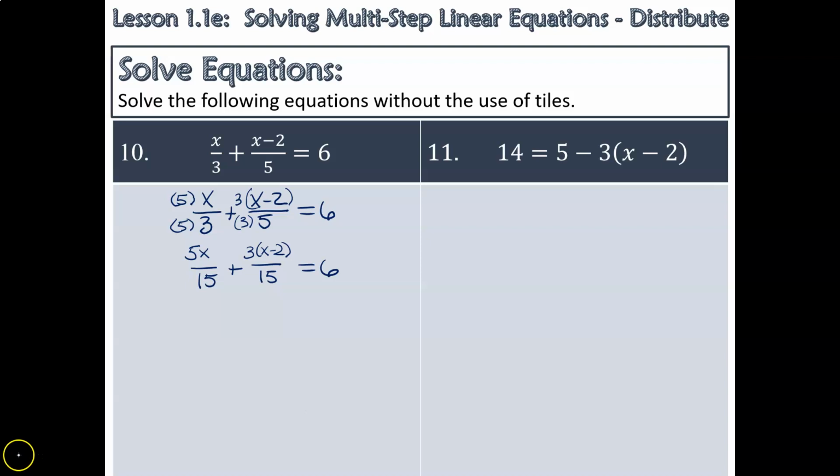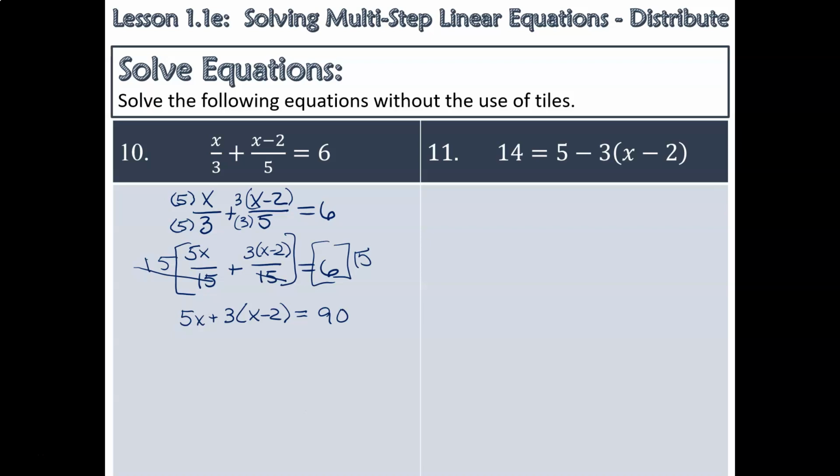So, clear this. I'm going to multiply everything by 15. So that's gone. So I have 5x plus 3 times the quantity of x minus 2, and then 6 times 15 is 90. Okay? Now it looks a little easier to manage.